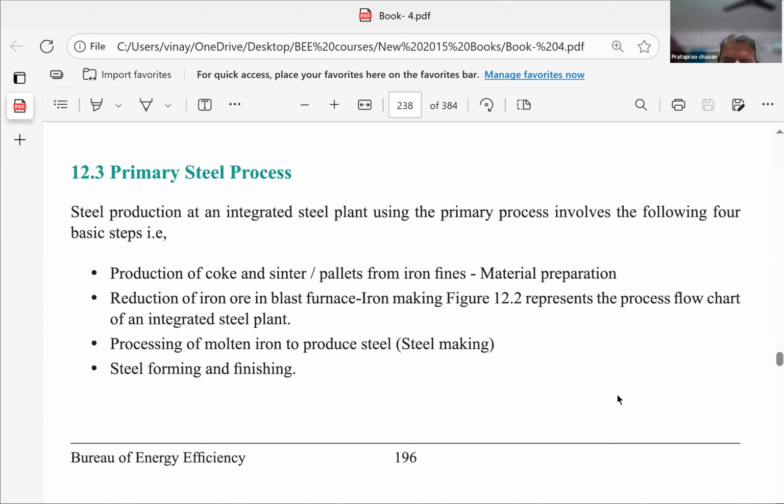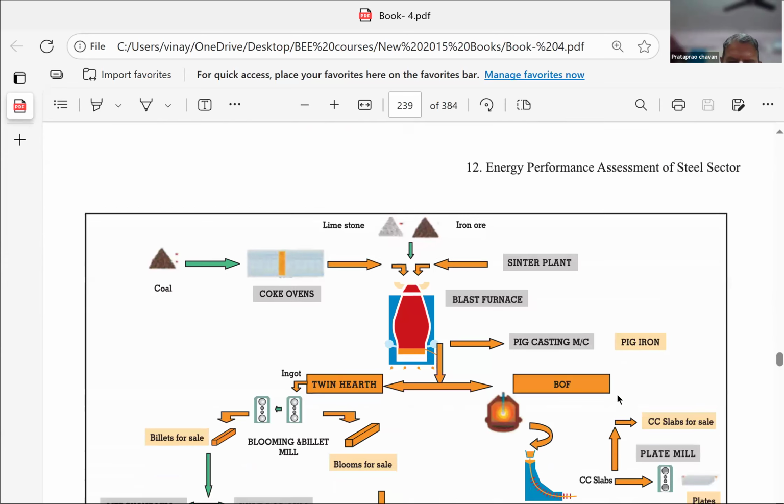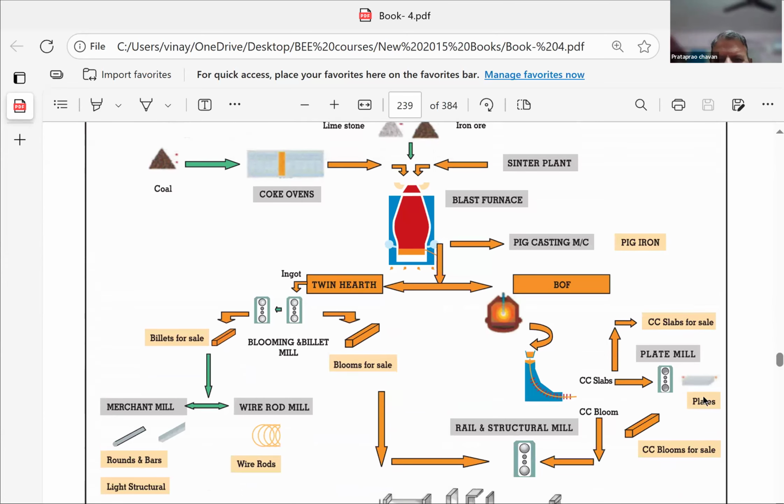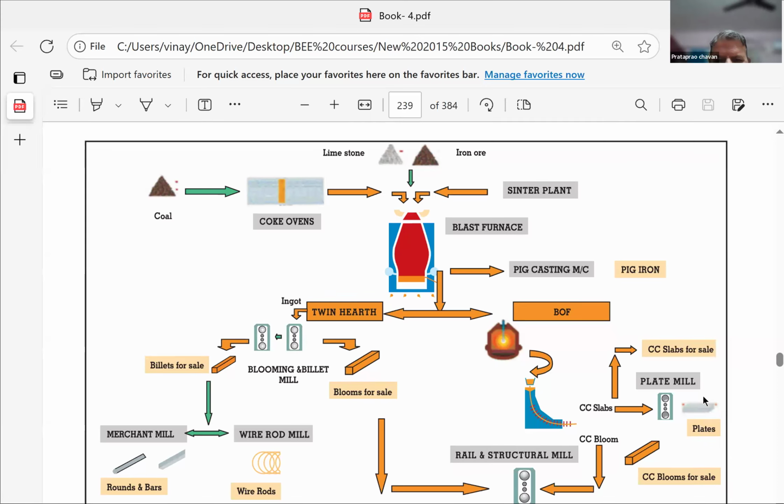Steel forming and finishing. Now, here again, this is a block diagram telling you how the blast furnace route works, particularly the first route. This is iron ore, this is limestone; these are put into the blast furnace. Coal directly is not put in here. Coal is passing through coke ovens. Impurity is going out, and only the carbon component goes to the blast furnace.